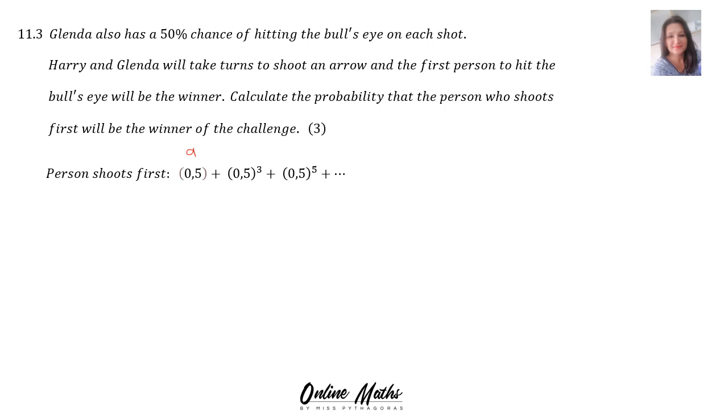And then the r is 0.5 times 0.5, which is 0.5 squared. Now, where does this come from? This is now your second branch of your tree diagram for Harry, but now Glenda is also there. So it's twice the 0.5.